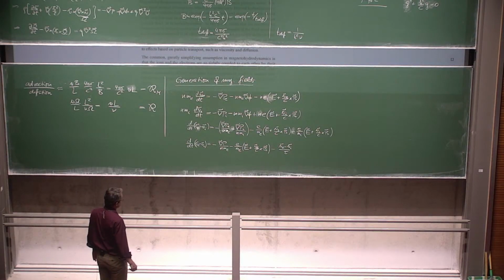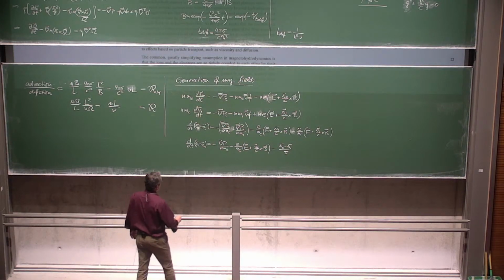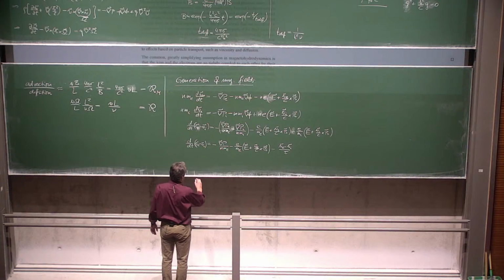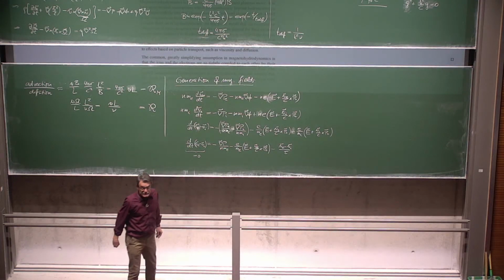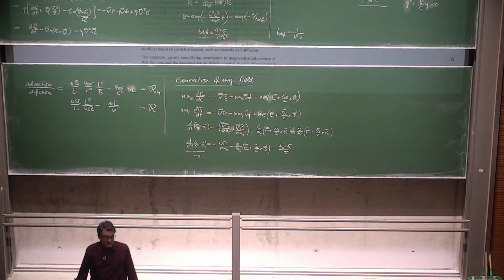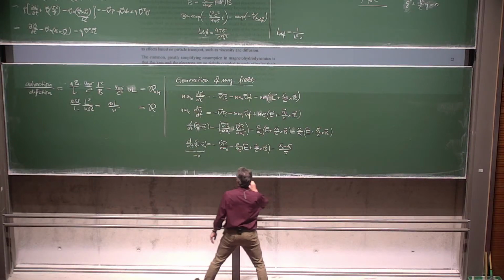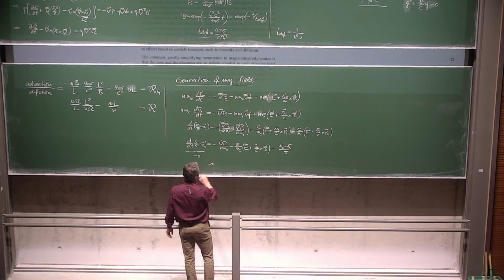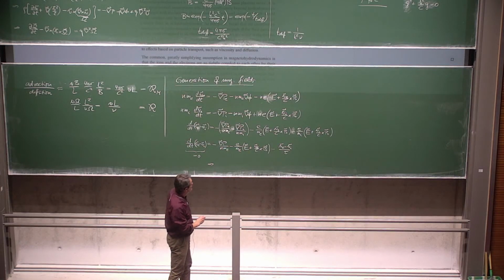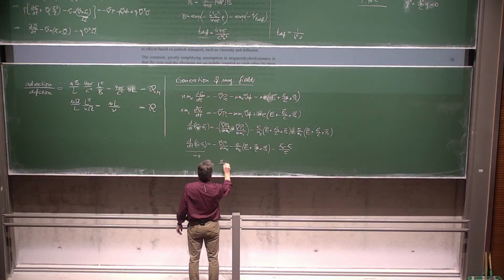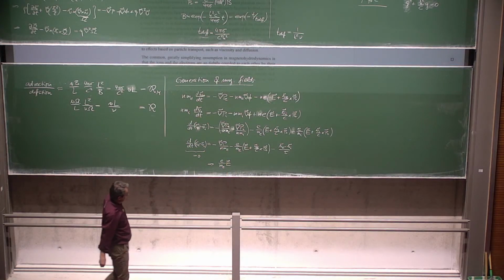So now, I want to have a stationary situation. I'm setting the time derivative of the relative velocity to 0. And then I'm going to solve for the electric field. So then I have e over m_e times the electric field.